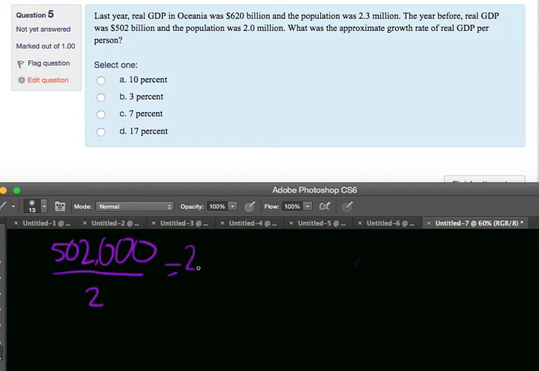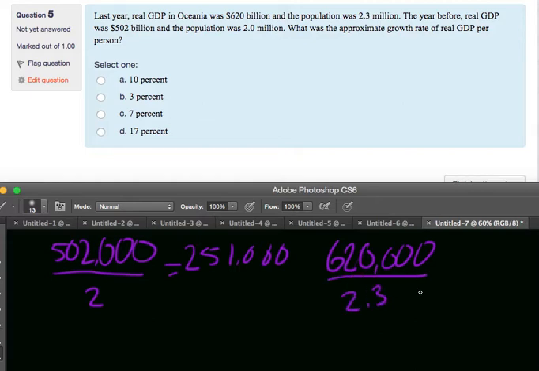So that gives me on average 251,000. And in the other case, we have 620 billion, so 620,000 million, and 2.3 million.